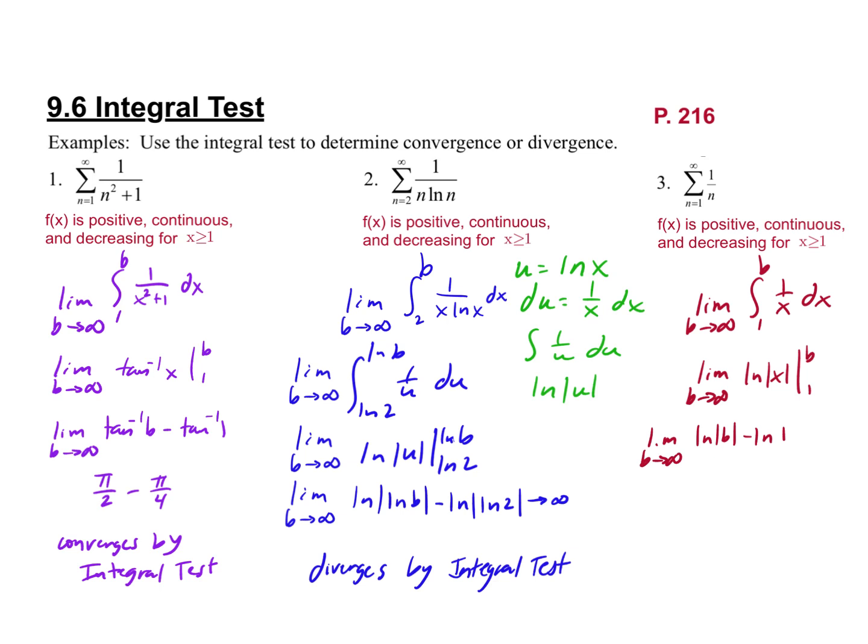Where does this go? It goes to infinity. Which means, again, this diverges by the integral test. Okay, so even though the terms get really, really close to 0, the sum never actually gets to a particular number, which leads us into our next test.